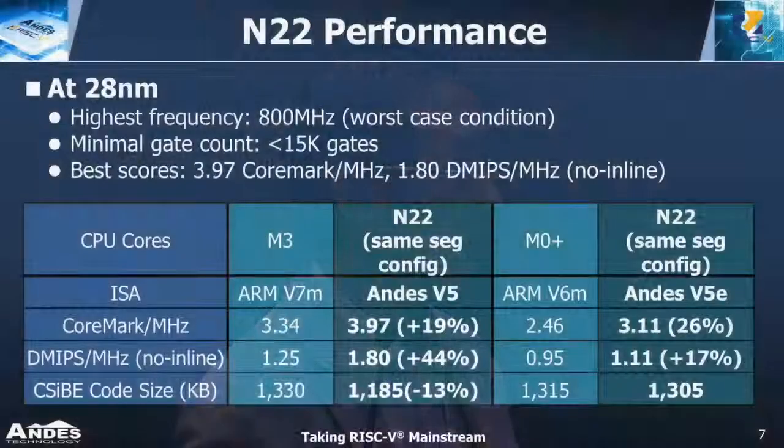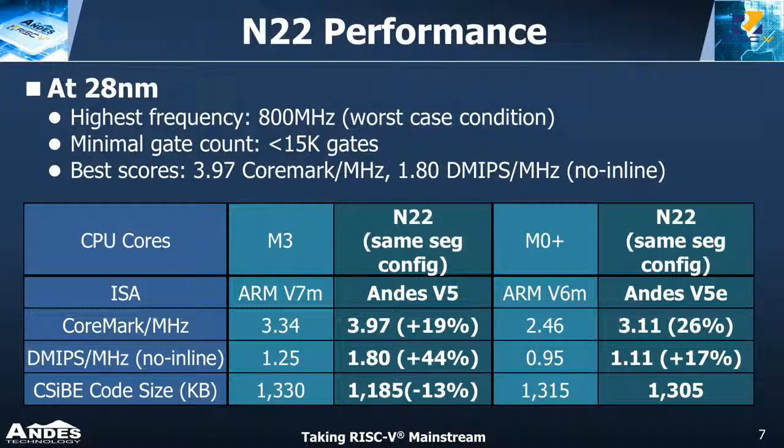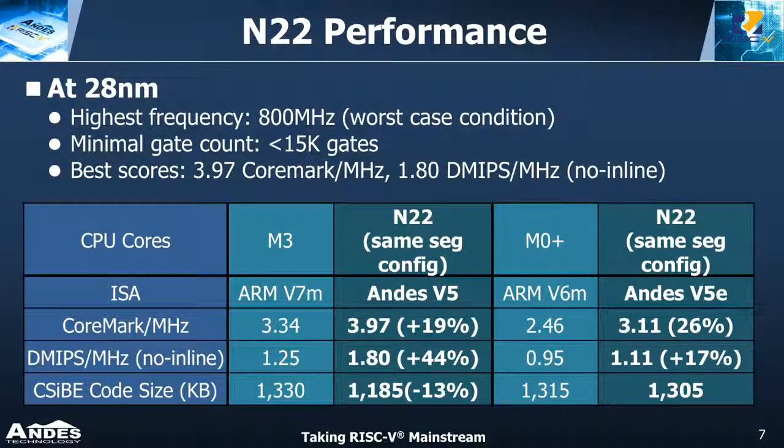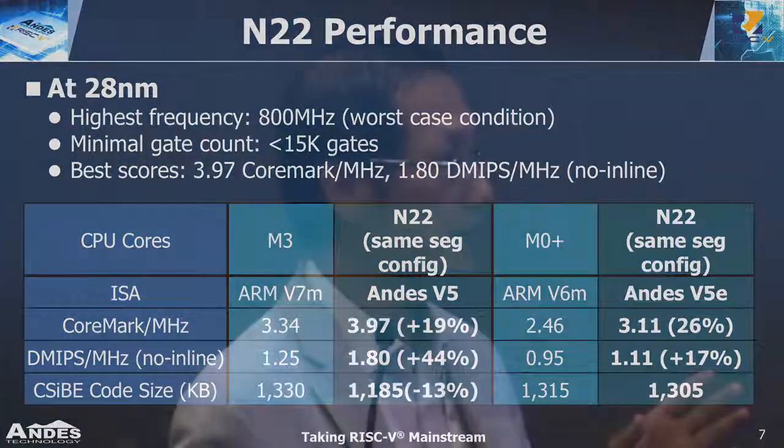Comparing to the M3 and M0 Plus, using benchmark data we can get from the website in similar configurations, we run 19% better in CoreMark compared to M3, or 26% better compared to M0 Plus. And for Dhrystone MIPS, 44% better compared to M3, and 17% compared to M0 Plus.